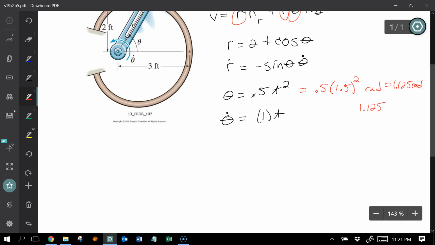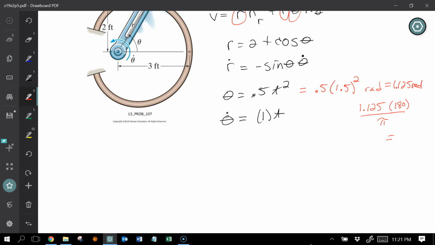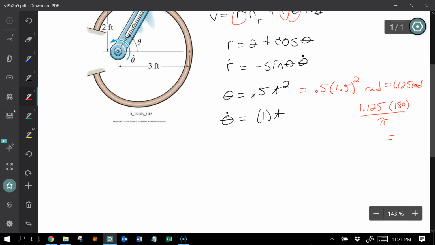To go from that to degrees, that'll be 1.125 times 180 degrees per pi radians, and that is equal to 64.4 degrees. Okay, so then I can plug it into my calculator easier.